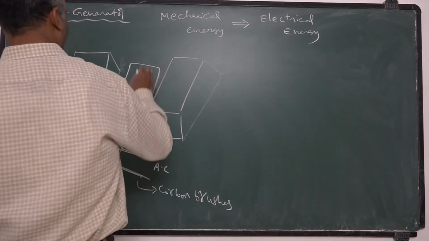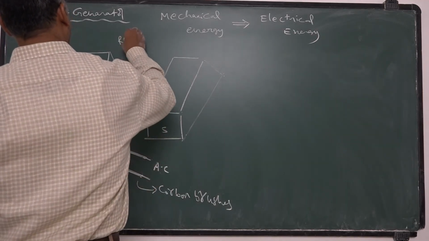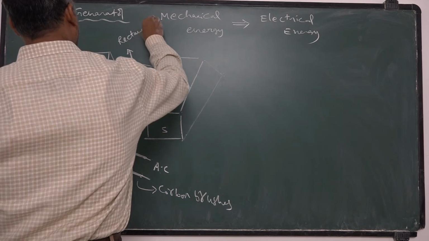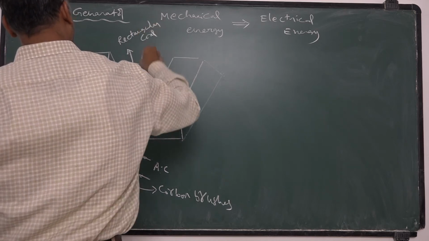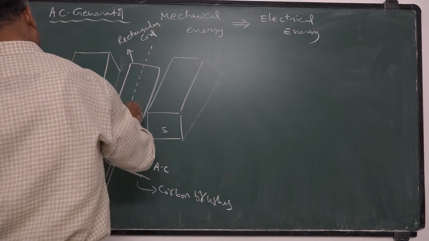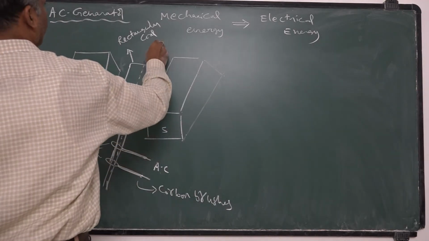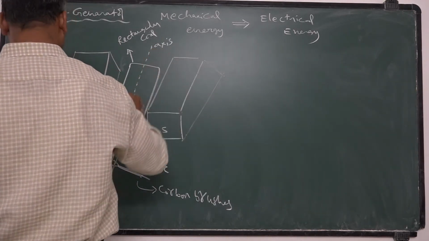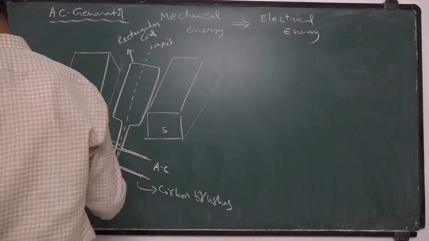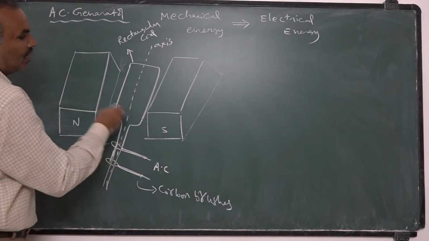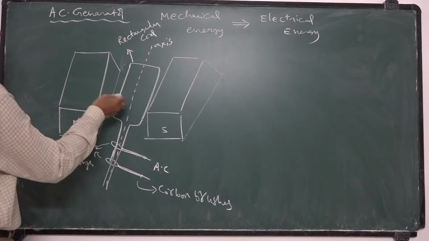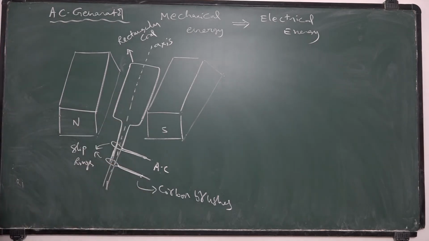This is a rectangular coil. And here is an axle, along this axis, this axial rod which rotates the rectangular coil. The rotation of rectangular coil leads to the development of alternating current.